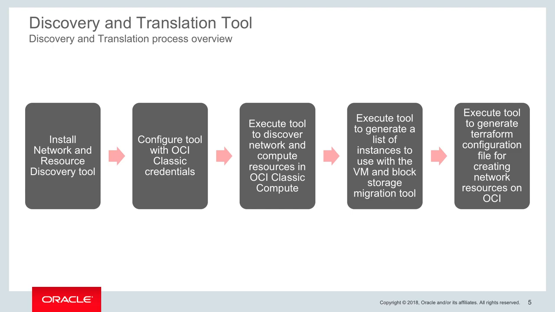Once the discovery is complete, the tool will create a JSON file which has the information of your OCI Classic environment, and that file can be used to generate a list of instances to use with the VM and block storage migration tool. You can also use the information in that JSON file to create Terraform configuration file for creating network resources on OCI.